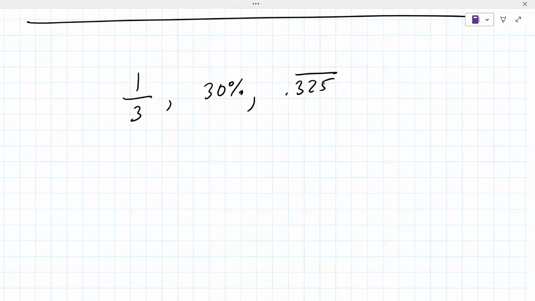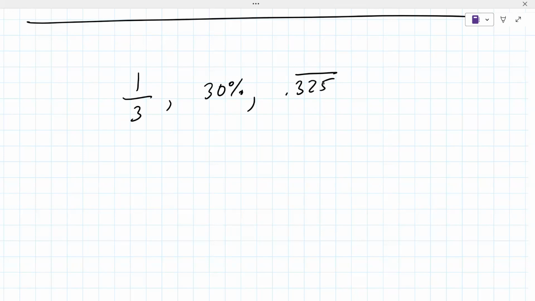Okay, let's try another one of those. I know that was kind of tough, but let's do another one here. Let's do 1/3, comma 30%, comma 0.325 repeating. So 1/3 is 0.3 repeating.